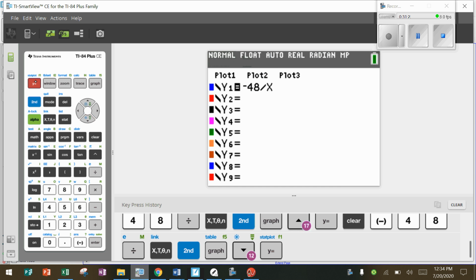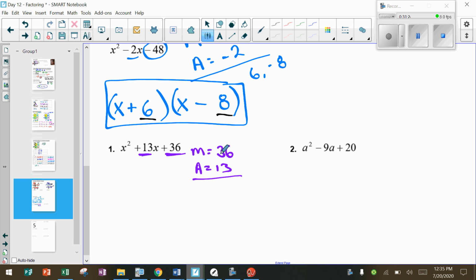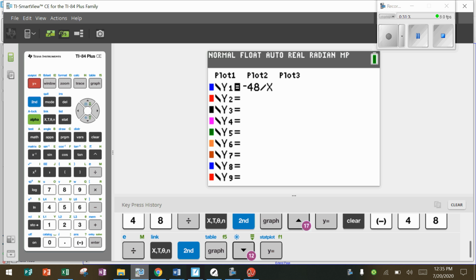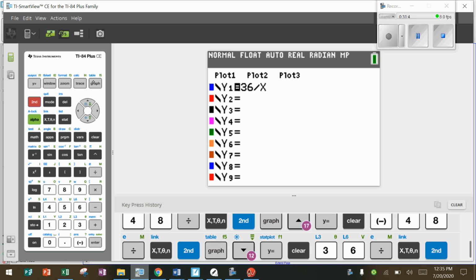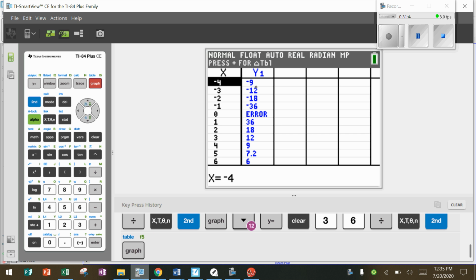This time we have a positive 36 for our multiplication number and a positive 13 for our adding number. So I'm going to clear out what I had and put in 36 divided by x. Then I'm going to go to my table and look for a pair of numbers that add up to 13.